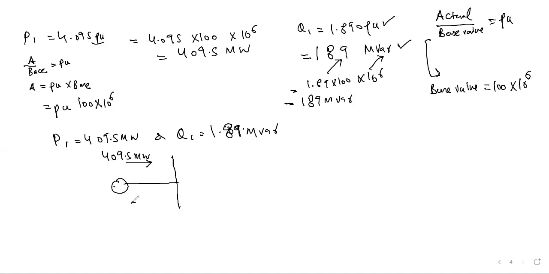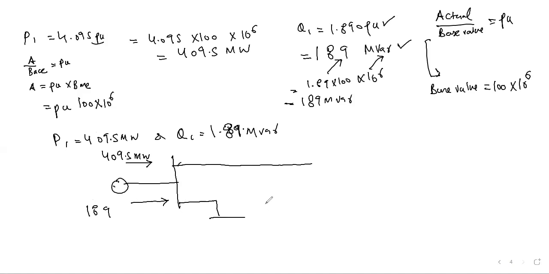And here also in reactive volt-ampere, 189 is going. Then I have to see the value of this. Now I have to calculate for the lines. I'll redraw this bus for the time being so that you understand well.